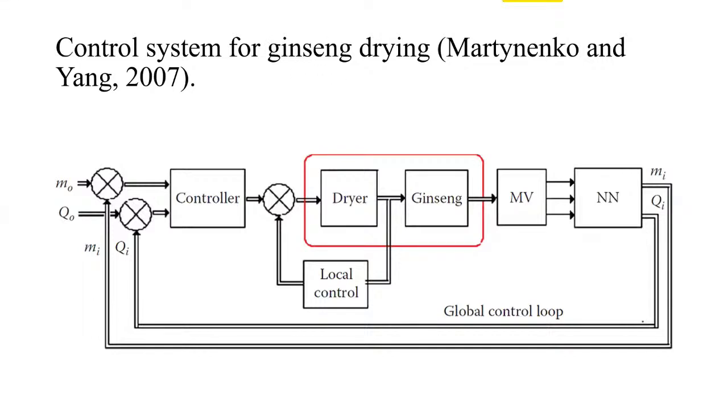The objective was to minimize shrinkage during drying of ginseng. Here they apply a computer vision system to monitor the ginseng condition during drying, and the information they get from this is processed using a neural network, and the output is looped back to the control system.